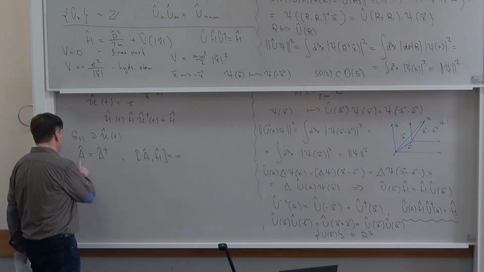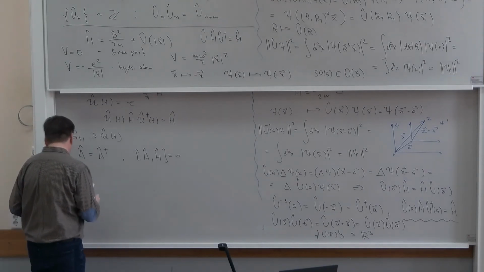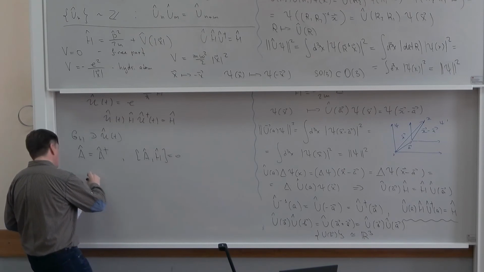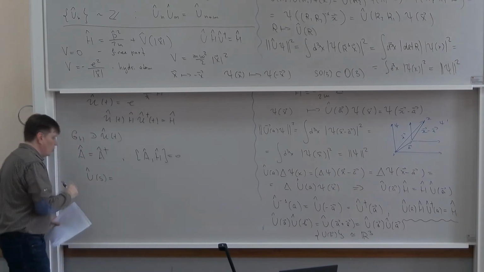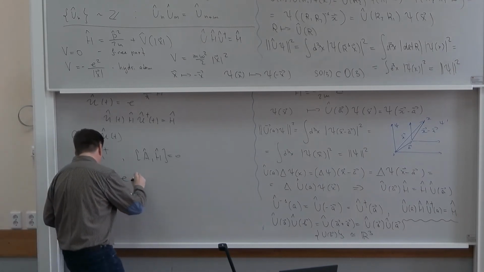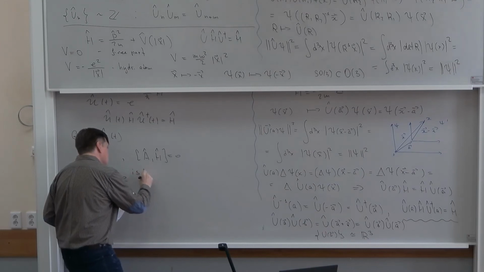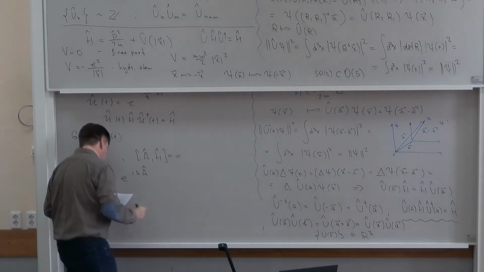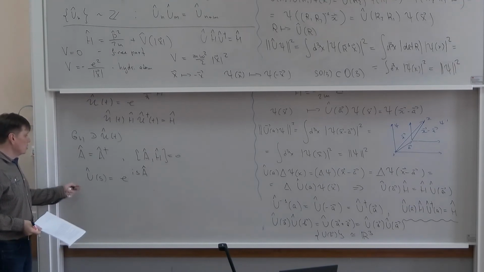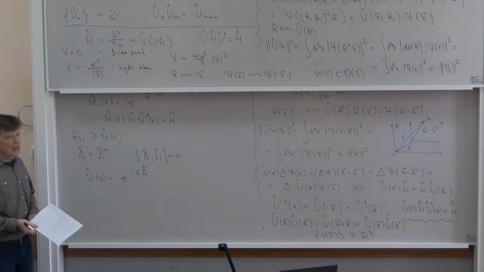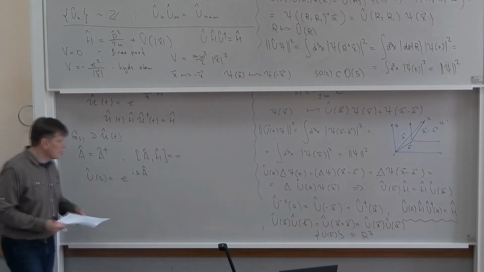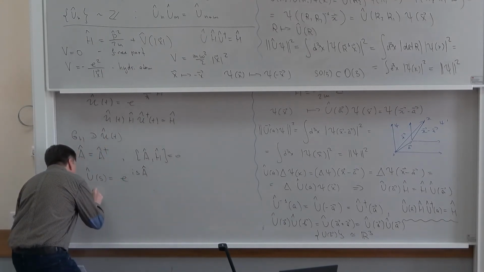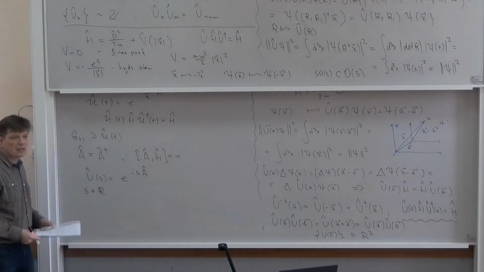And given such an A, let us consider its exponential function, or more precisely, a family of exponential functions. It is clear that this formula defines a one-parameter family of unitary operators if s is a real number.